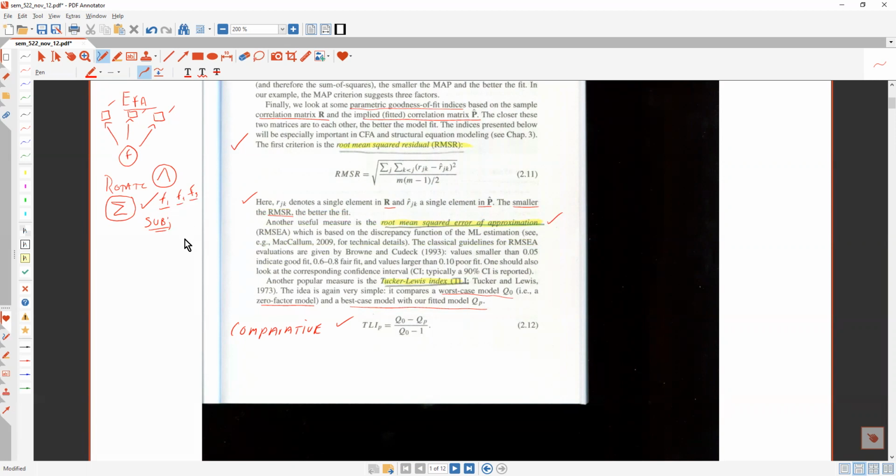We also talked about the communality idea. When you have your observed variables over here, x1, x2, x3, and then you have your factor solution, say f1 and f2, these are going to be loadings, and you want to look at how well that factor solution accounts for the given observed variables.